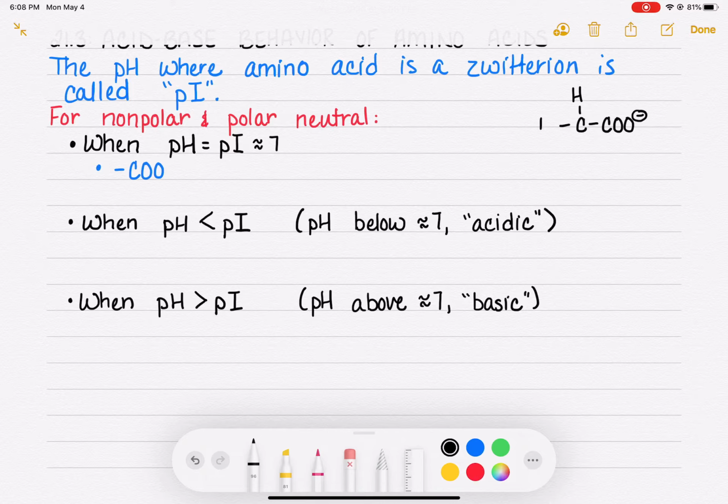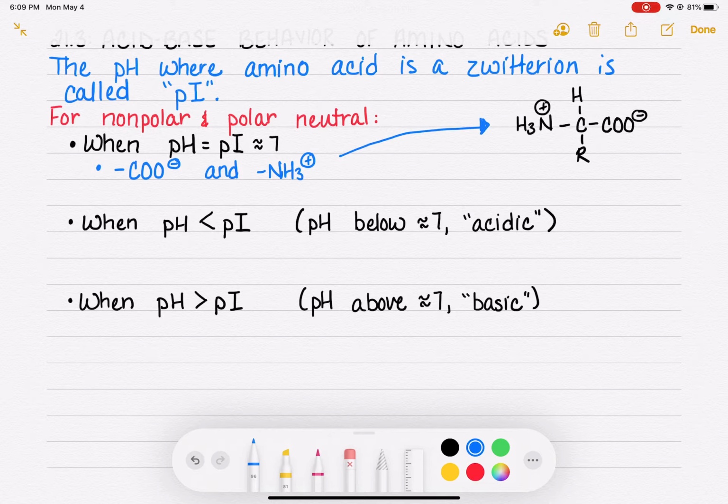We're going to redraw it over here, NH3+, and then the R group. When we're at the pI, the acid group and the amino group are going to exist in zwitterion form, which means we're going to have the COO- group and the NH3+ group, just the way that you see it drawn right here.